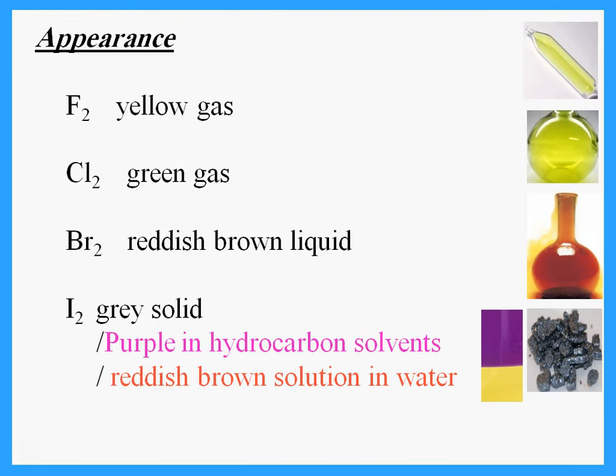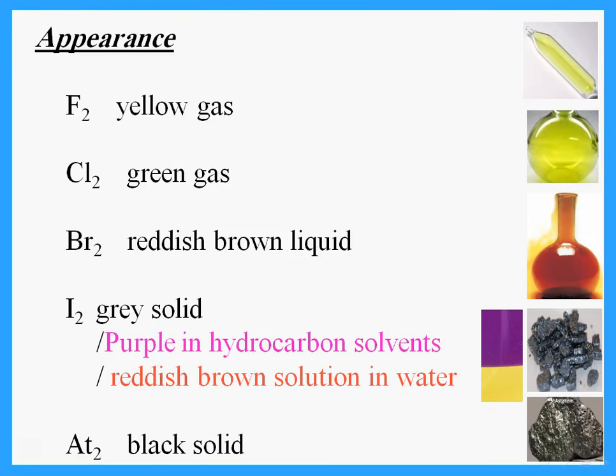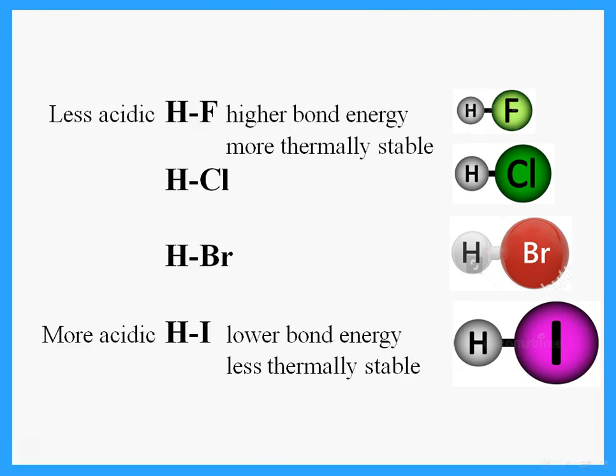First of all, the aqueous solution is reddish brown, and it will be below the layer of hexane. The iodine dissolves in hexane to form a purple color, and this has lower density than water, so it will float on the top of water. Please pay attention to that. Then as we go down, astatine is a black solid.